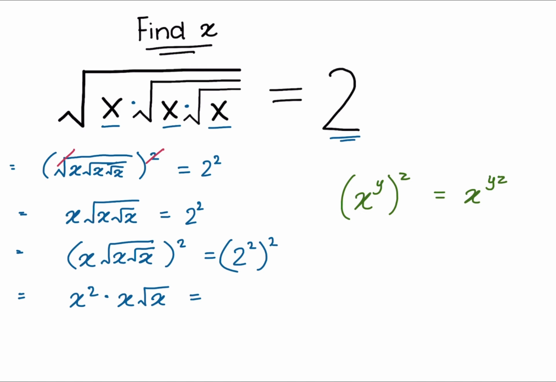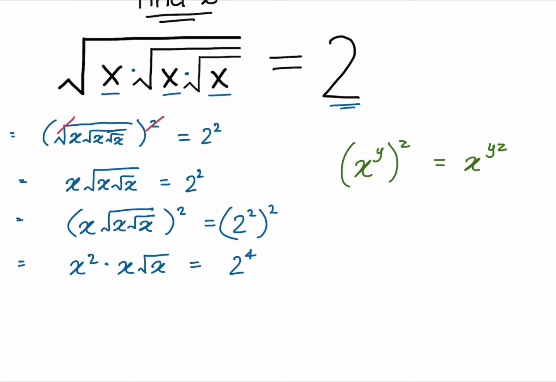So we're going to use this rule and write 2 squared, squared as 2 raised to the power 4. Now let's continue with what we were doing, and we'll simplify this x squared times x times the square root of x. So x squared times the square root of x would give us x cubed times the square root of x is equal to 2 to the power 4.